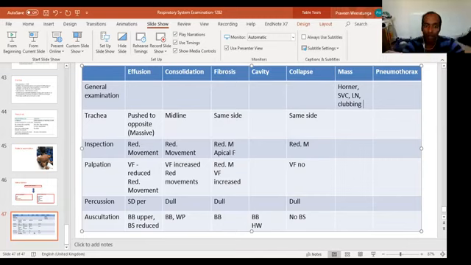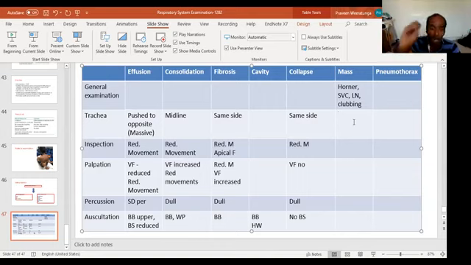And what can happen is a mass can do several things. It can just act as a space occupying lesion in the lung, or it can cause a consolidation of the lung. For example, if it occurs in a bronchus, it might cause consolidation, or it might cause a collapse of a lung. Its physical signs are variable. It might even cause a pleural effusion.